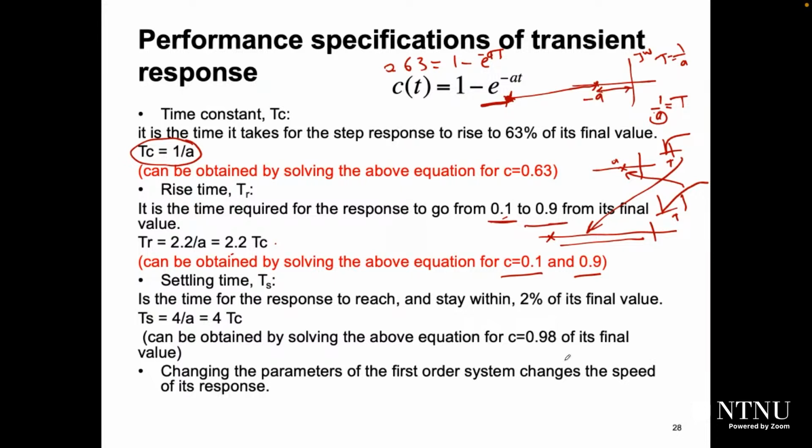Yeah, it's 98%, right? And this settling time will be 4 time constants, 4 divided by A. So it's very important to remember that for the first order system, the time constant will be 1 divided by A, the rise time will be 2.2 time constants, and the settling time will be 4 time constants.